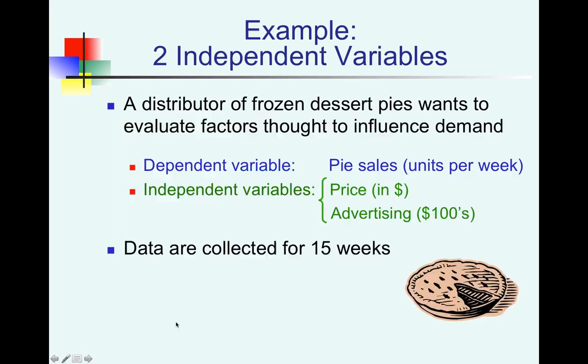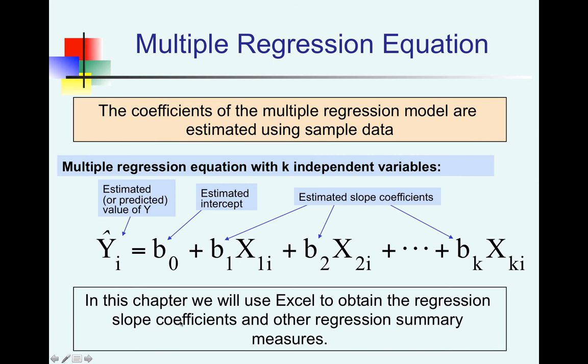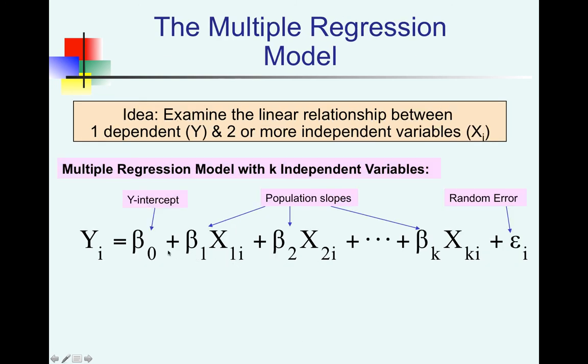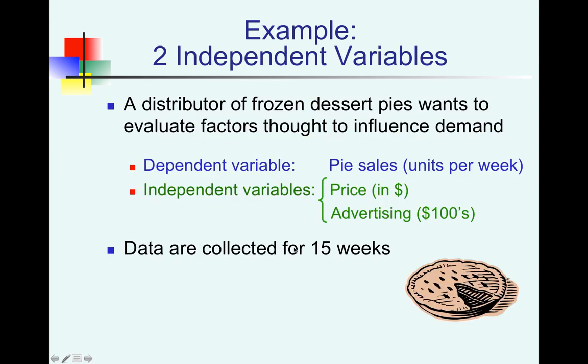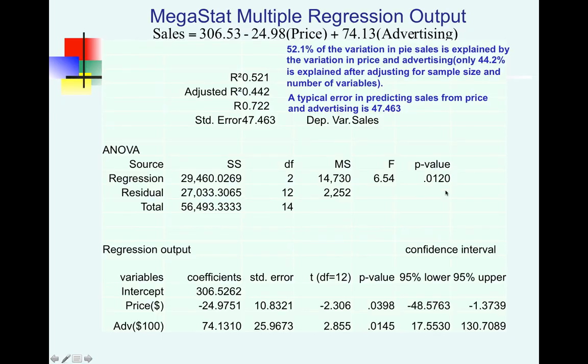So that's the same thing as going back here and testing the hypothesis. Say our model is saying that here's the population slope for price and here's the population slope for advertising. It's saying, is beta 1 equal to 0? And then the other one, is beta 2 equal to 0? So here it just says, are any of the slopes non-zero?